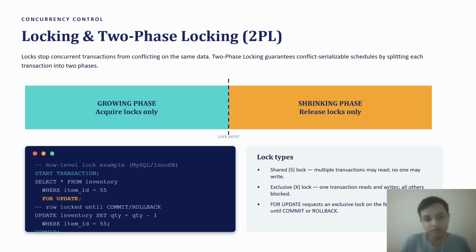There is a problem when the pair of read-write, write-read, and write-write is there. So you should be applying locking and two-phase locking, which locks the transaction and does not allow other transactions to read or write it.